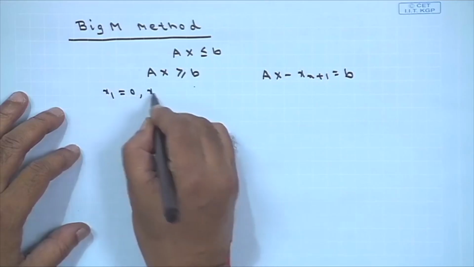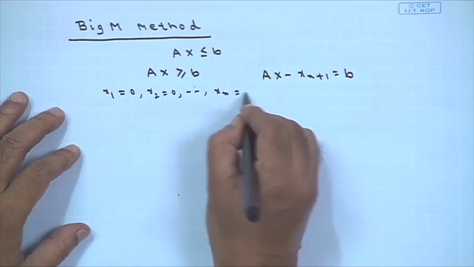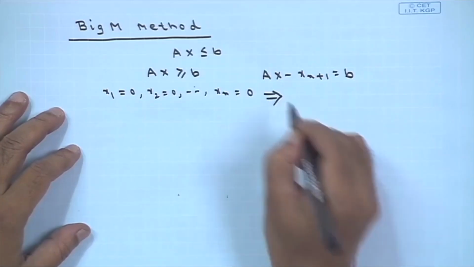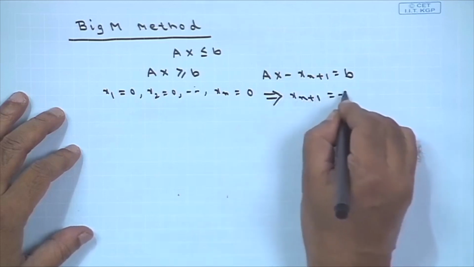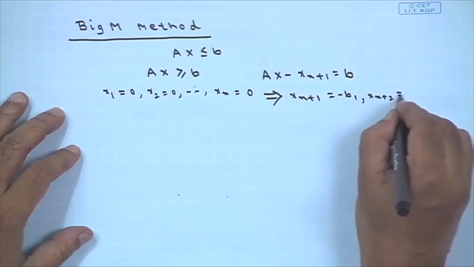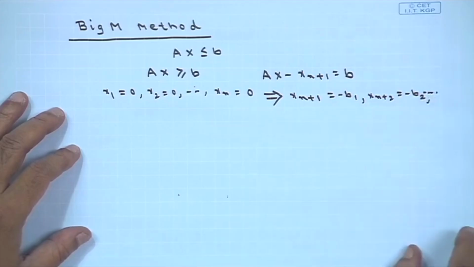We make x 1 equals 0, x 2 equals 0, and like that x n equals 0. In that case, x n plus 1 equals minus b 1, x n plus 2 equals minus b 2, and like this it will go on.